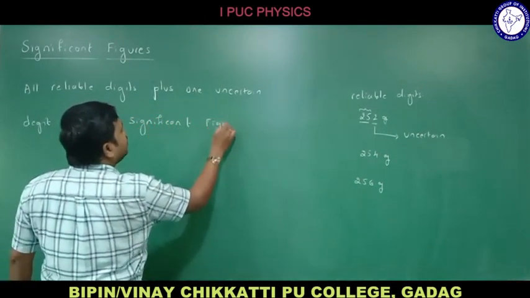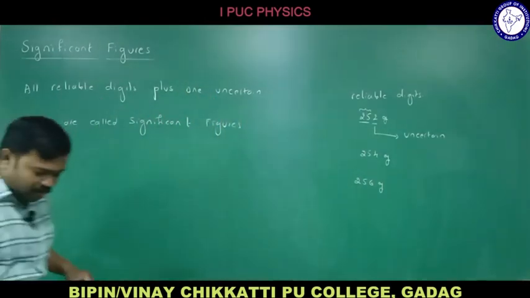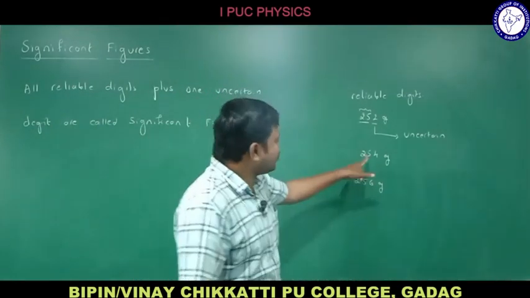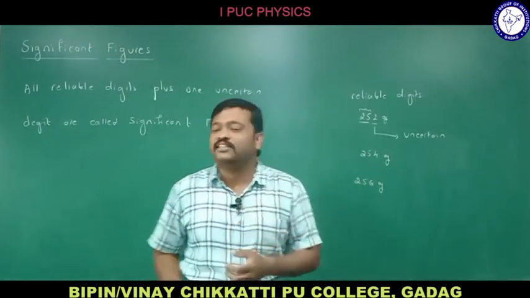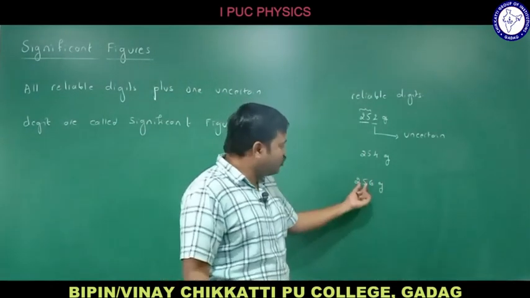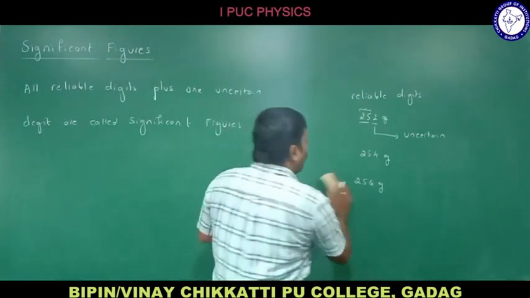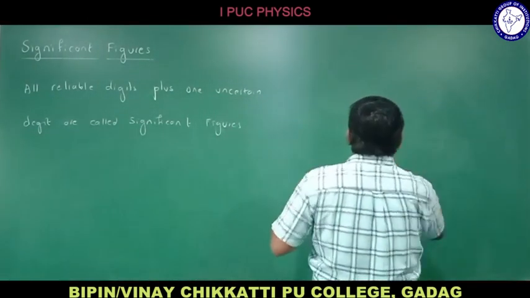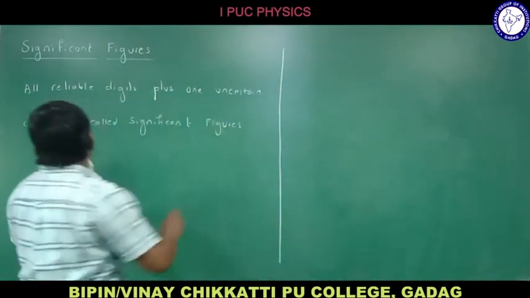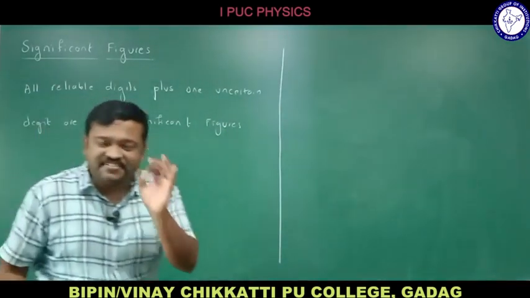So how many significant figures are there here? In this there are 3 significant figures: these 2 reliable and this one uncertain. So significant figures are all reliable digits plus one uncertain digit.